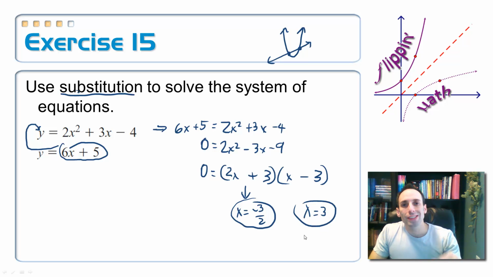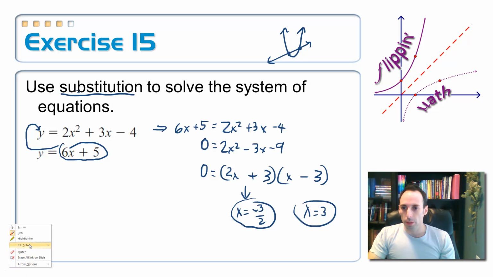Now I'm not done yet because those are just the x-intercepts. Those are the two x-coordinates where our line touches the parabola. We need to find the y-coordinates by substituting those back in. Well, which one of these is going to be easier to substitute it back into? The line. Y equals 6x plus 5. So let's make it easy on ourselves and put them in there.